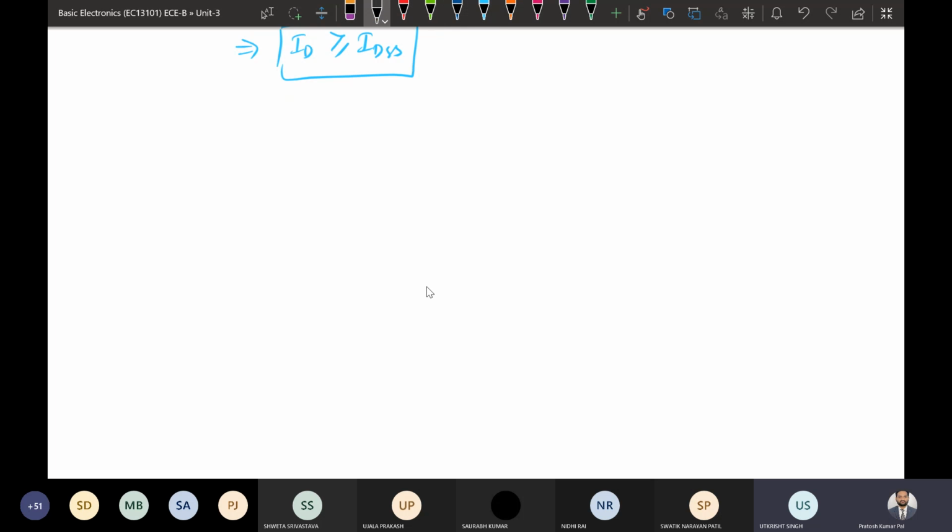So next few points we will be seeing further. In case of NMOSFET and PMOSFET, whether depletion or enhancement, the NMOSFET is always preferred over the PMOSFET.